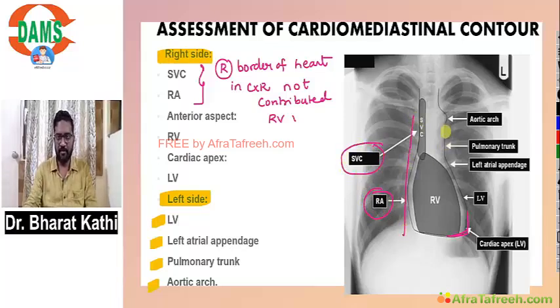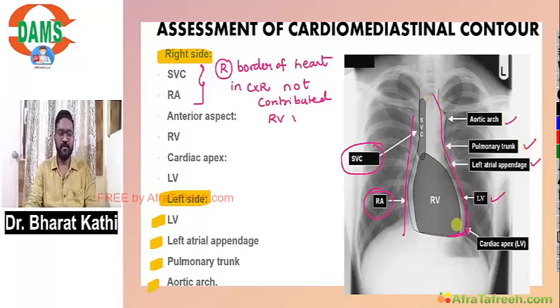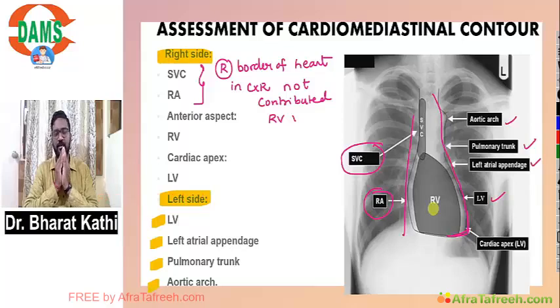So what makes the left heart border? The left ventricle, the left atrial appendage, the pulmonary trunk, and the aortic arch. So this is very important. A few examiners will ask you, the right heart border is made up of what? You should tell them it is the right atrium and superior vena cava.